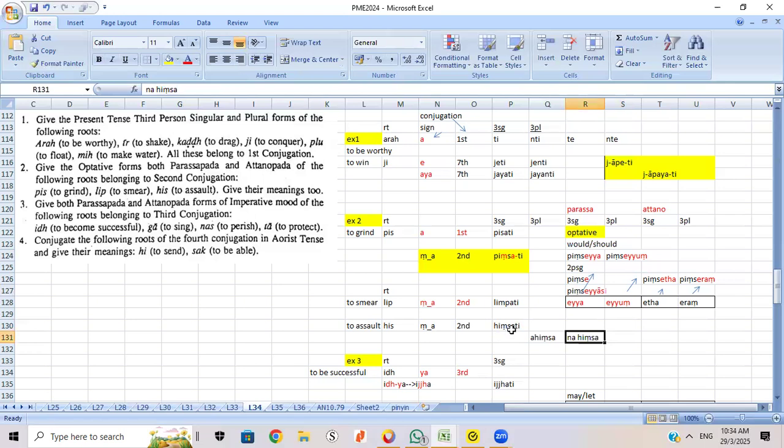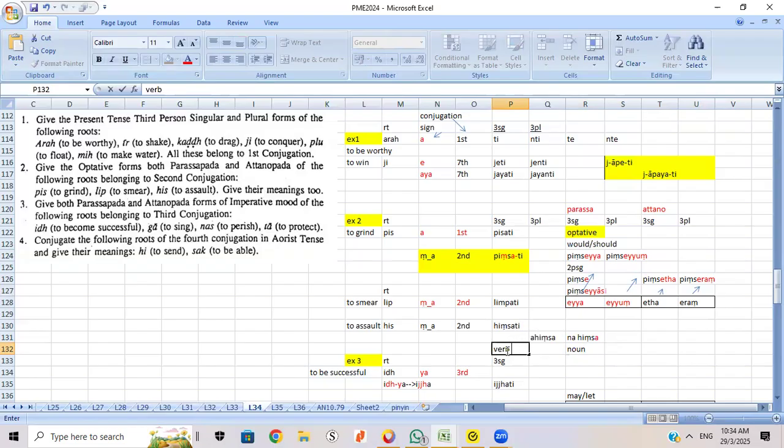You see, this is using the second conjugation to form a verb. And to form a noun, an a is added here. So just now I told you a root can form a noun. This is a noun. This is a verb. Second conjugation.